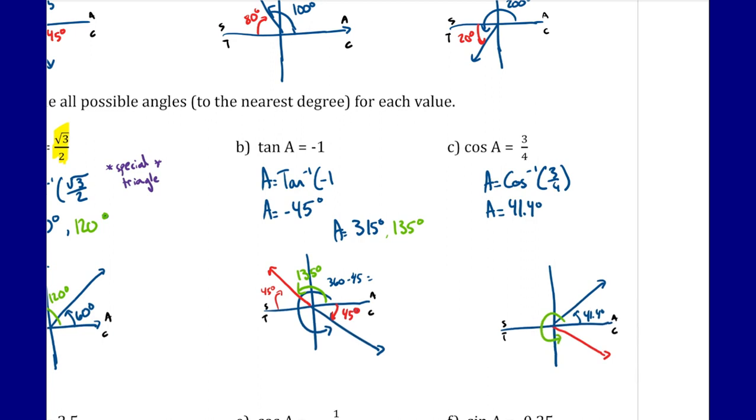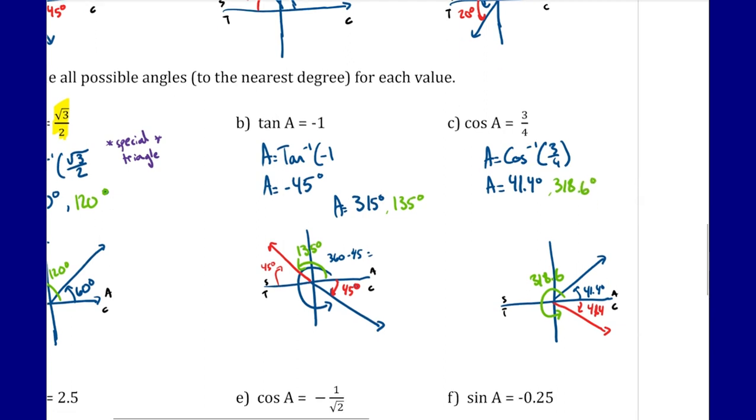To find that angle, we use the 41.4 as our reference, and we get 360 minus 41.4, which is 318.6. So those two angles would give us the same ratio.